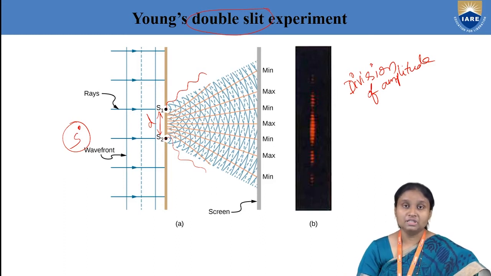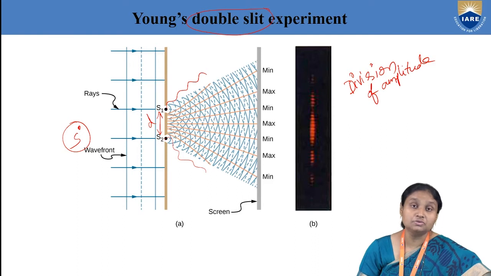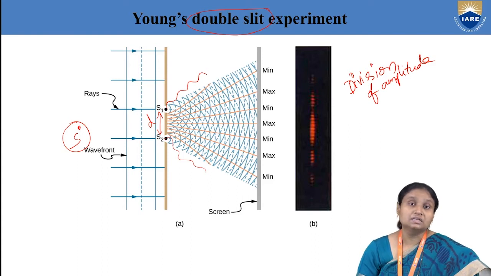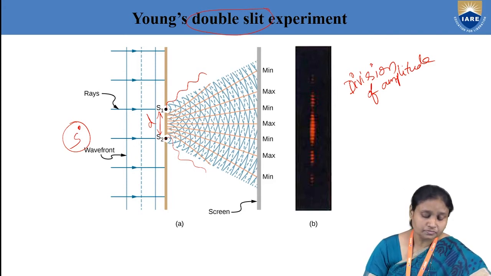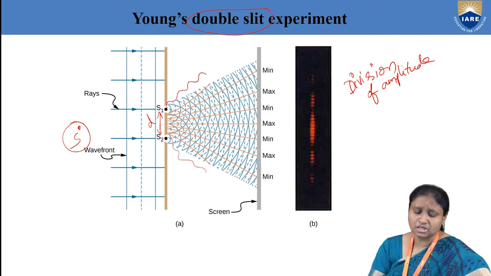Now here we have a very beautiful figure, which will show you how constructive and destructive interference take place. As you can see, from each source there is one solid line as well as a dotted line.